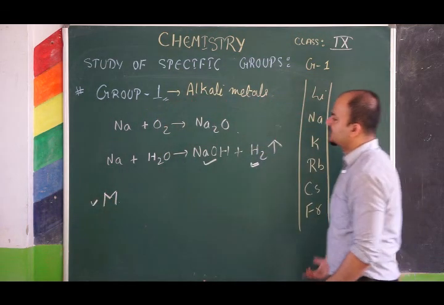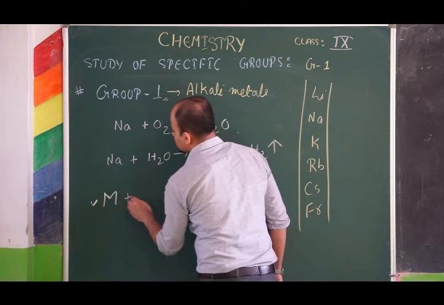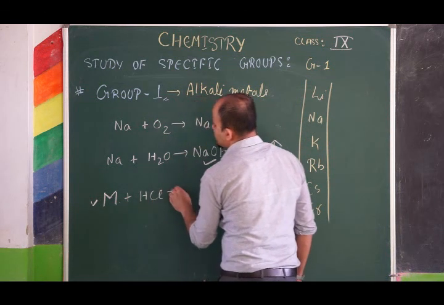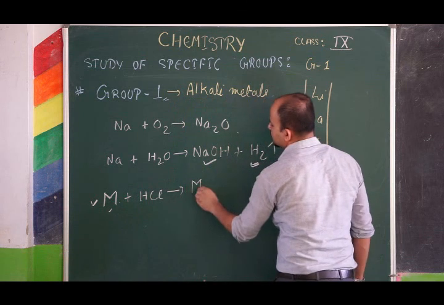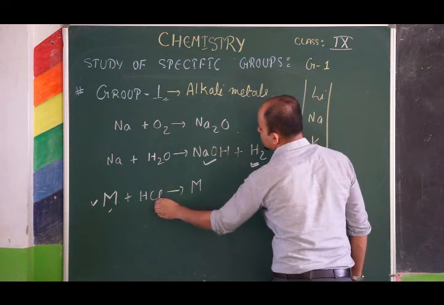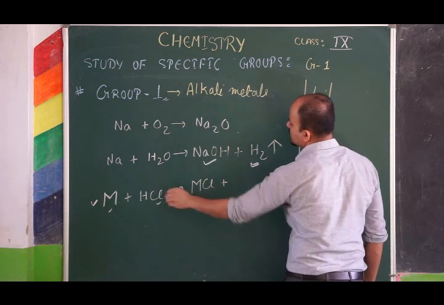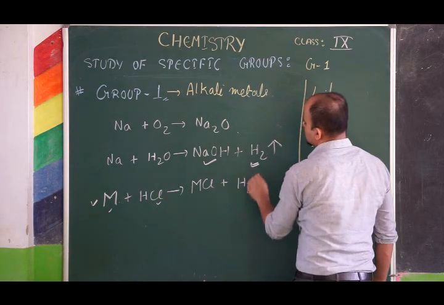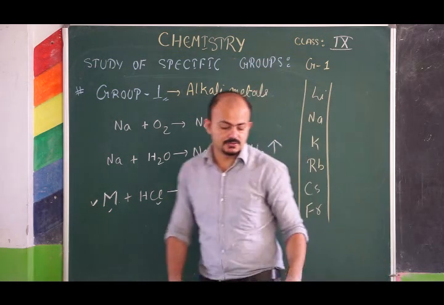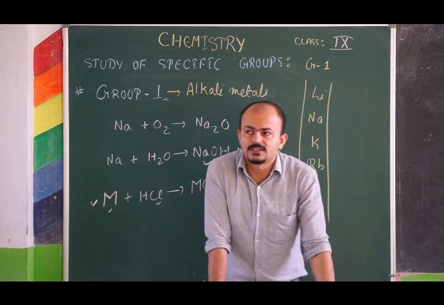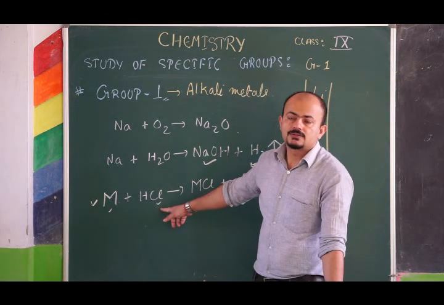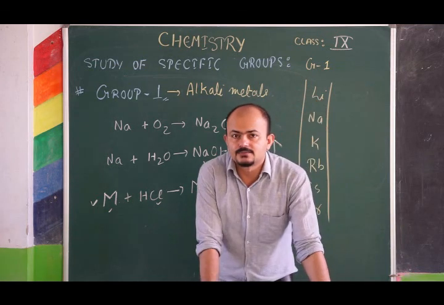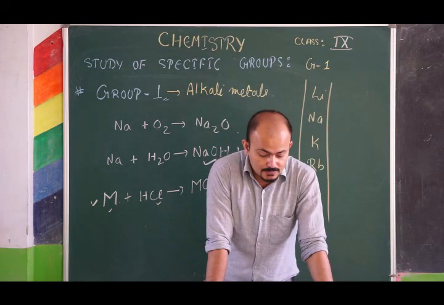Whenever a group 1 metal reacts with any acid, since these metals are basic in nature, it will form metal salt, here MCl, plus hydrogen gas will be liberated. So remember this, okay? This is very easy to remember. In both cases, whether it is reacting with water or with acid, it is producing hydrogen gas. Please remember this part.